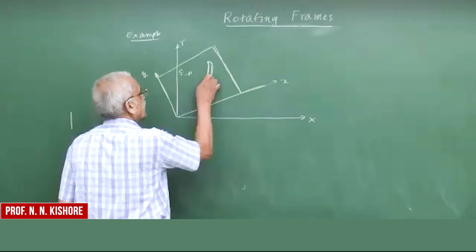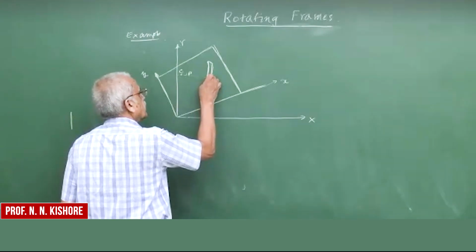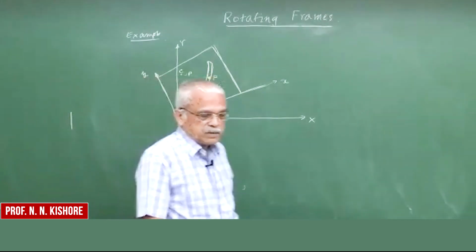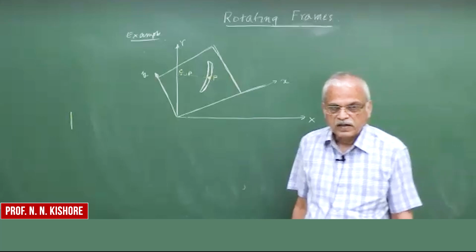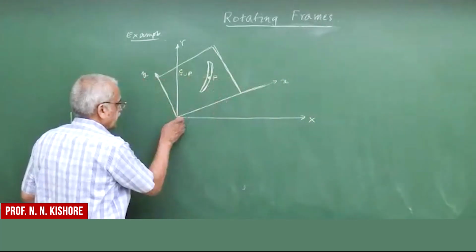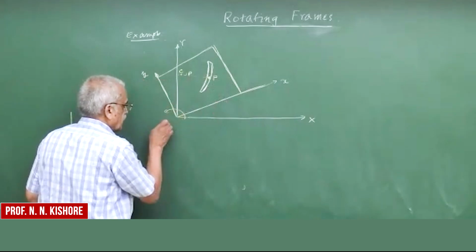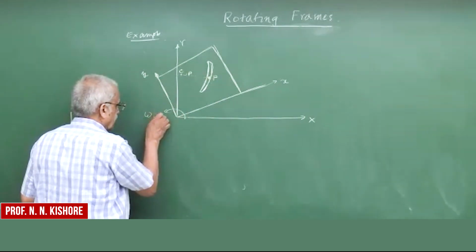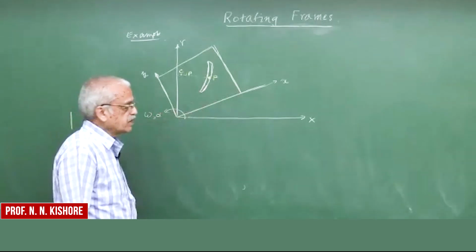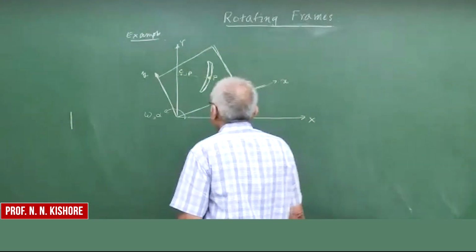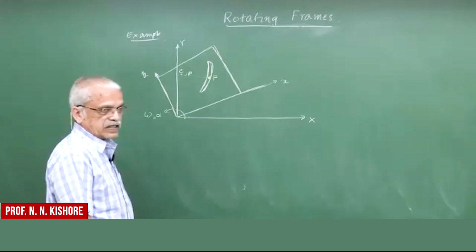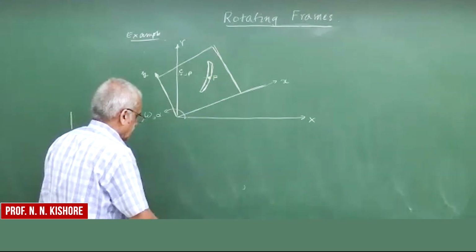Let's assume that we have a point P here, and P is moving in the slot which has center C and radius of curvature rho, and then the whole cardboard is rotating with omega and alpha. Now if you want to find the relationship between velocities, we can do so. It's very simple.